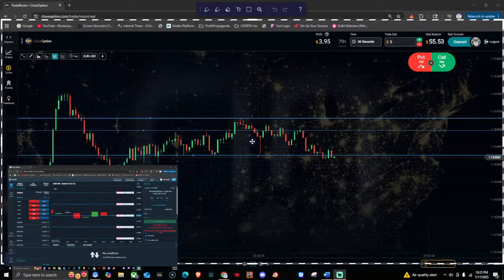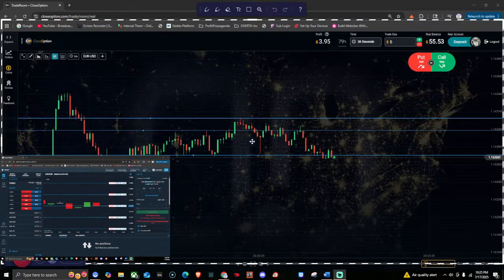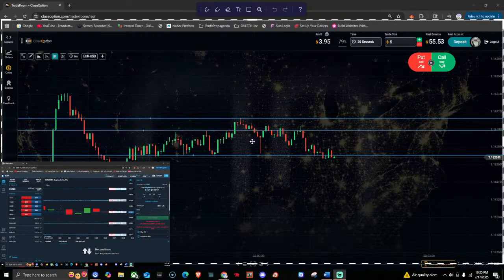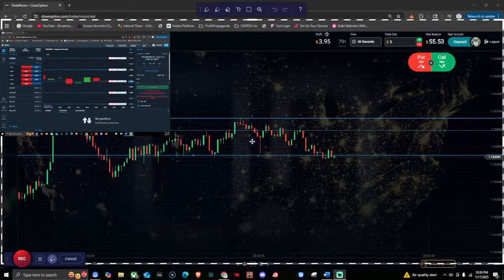It hasn't gone to another pricing space or pricing area with conviction yet, not for this entire market observer analysis.